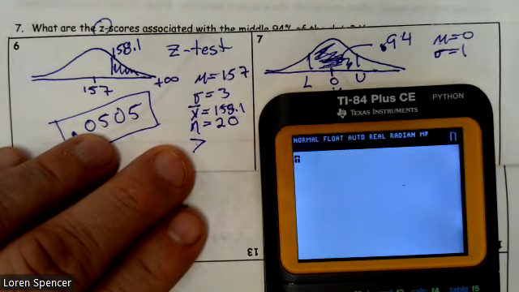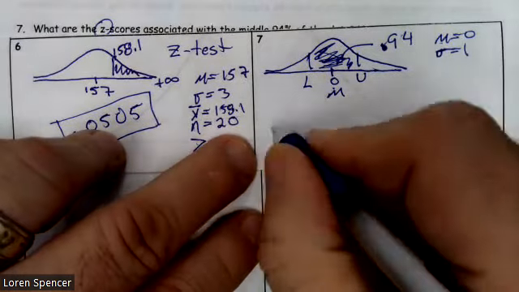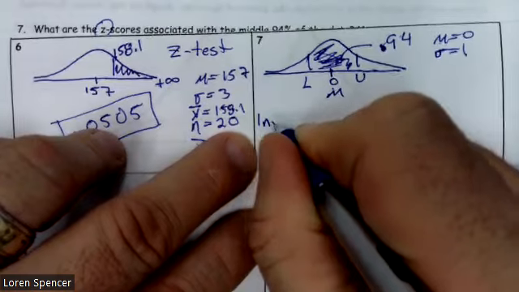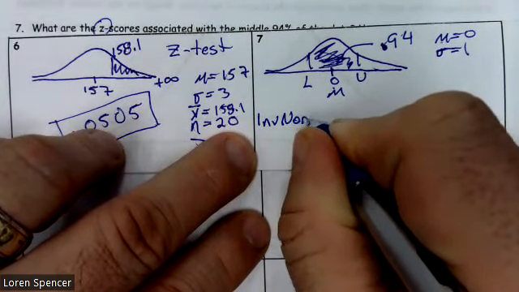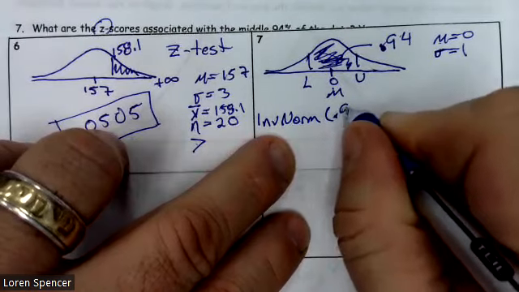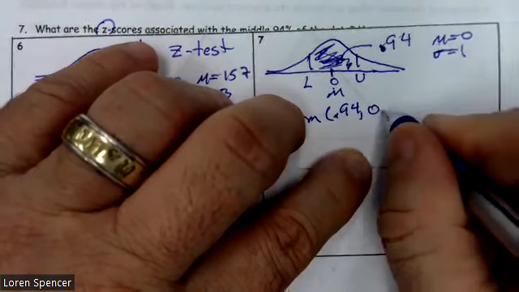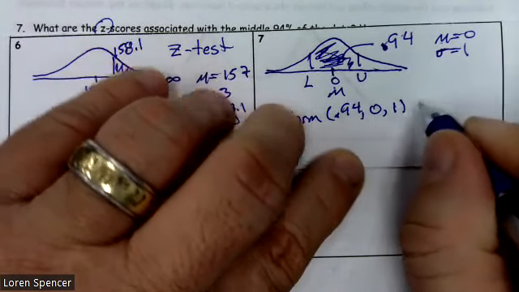So, second vars, inverse norm. I need to write that down. Inverse norm. The area, 0.94. The mean is 0, and the standard deviation is 1.